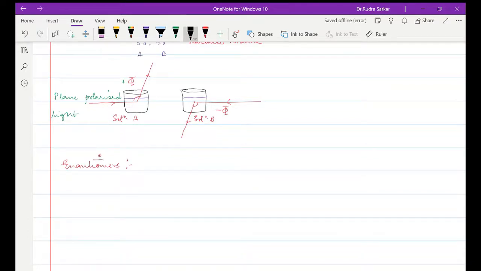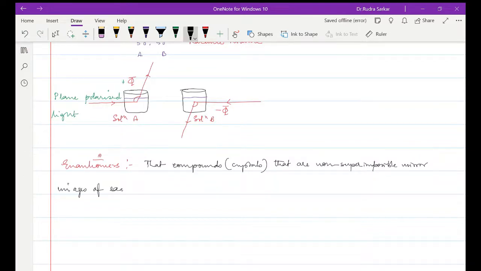So he said that compounds, initially crystals, that are non-superimposable mirror images of each other are called enantiomers.